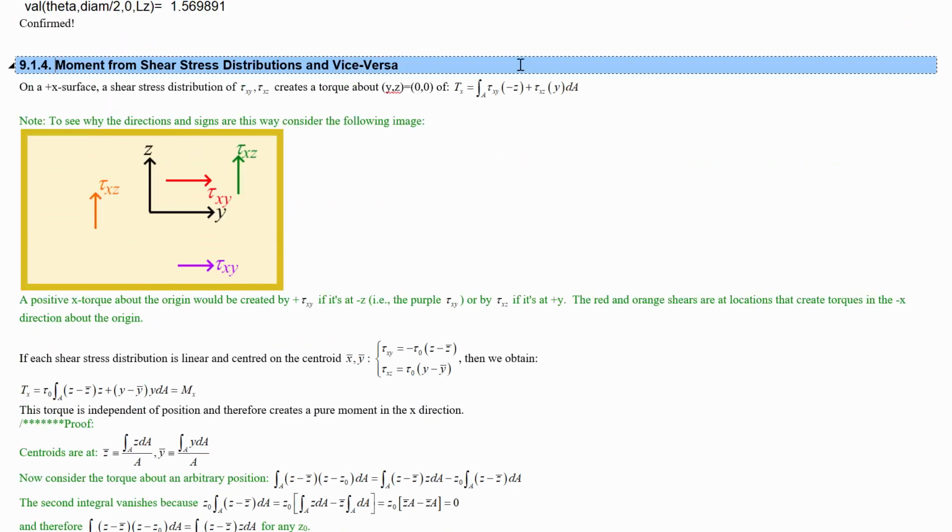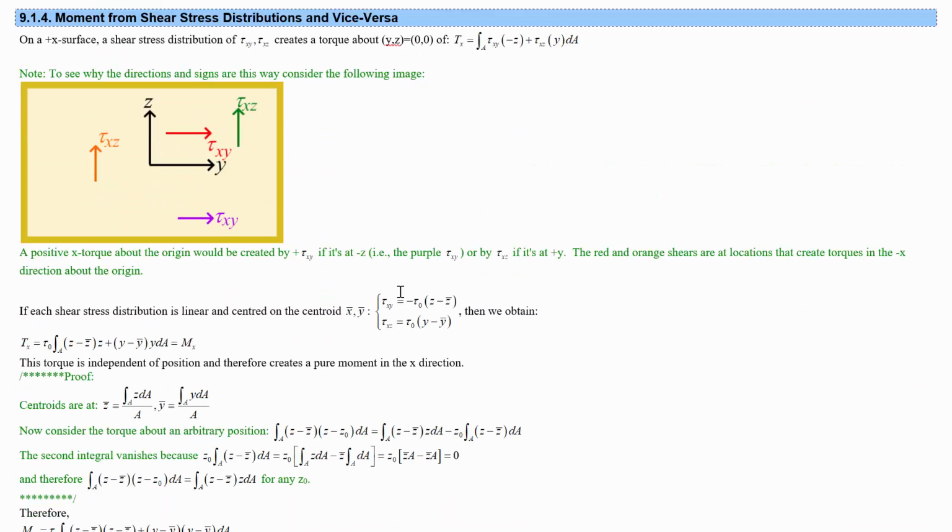Well, similar to what we did in the bending moment section, we can work out that a stress distribution like this is going to work. So we've centered it around the centroids in Z and Y. If we're talking about on a ZY surface in the X direction now, then this distribution of stresses will produce a pure moment in X. So there's no net shear stress produced by this because we've centered the distributions on Z bar and Y bar.